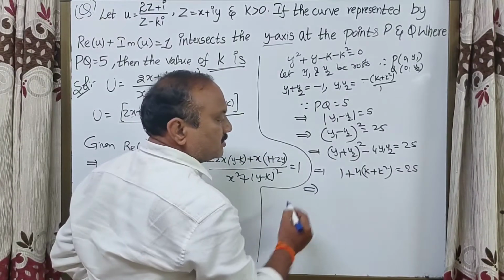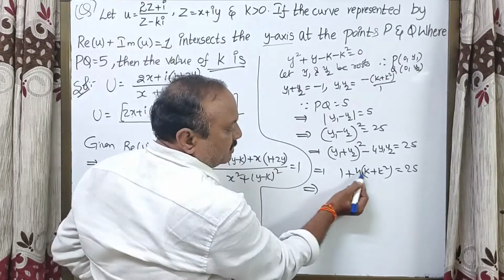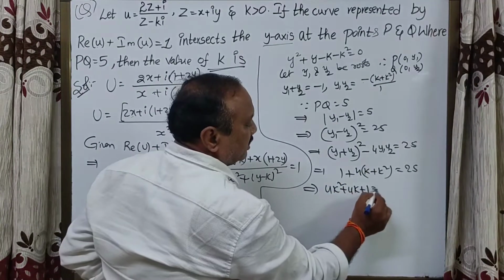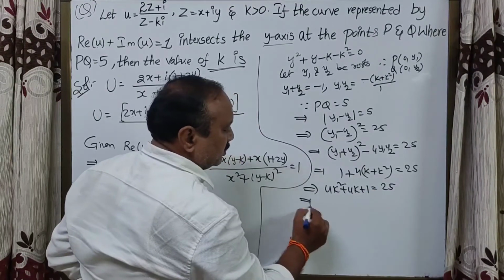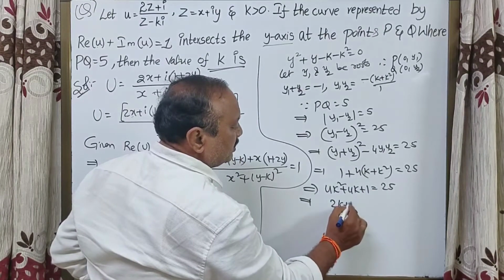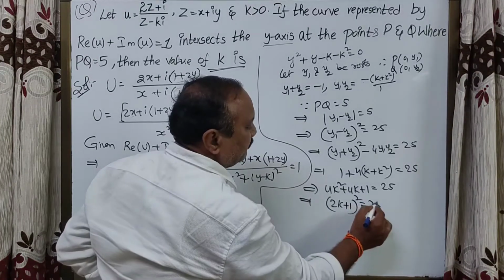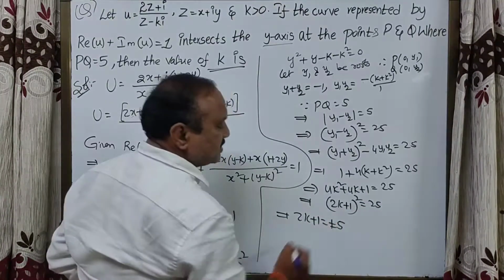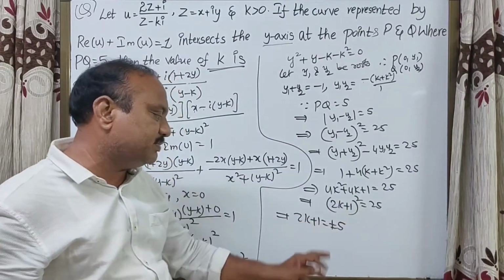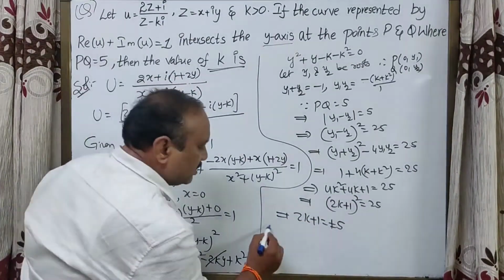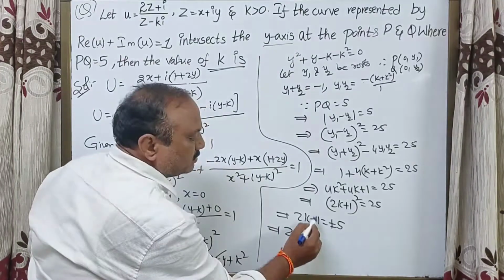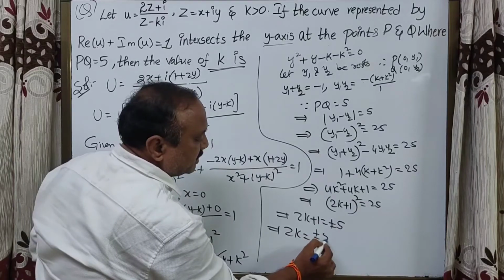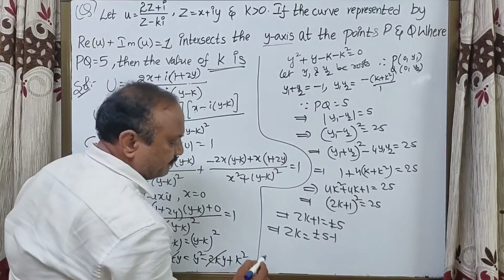From this, when you multiply with 4, 4k square plus 4k plus 1 equal to 25. We write it as (2k + 1) whole square equal to 25. From this 2k + 1 equal to plus or minus 5. When you remove the square, it becomes plus or minus. From this 2k equal to, take plus 1 to this side, it becomes plus or minus 5 minus 1.